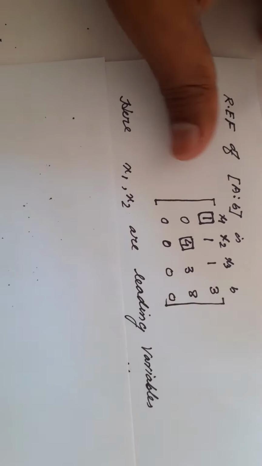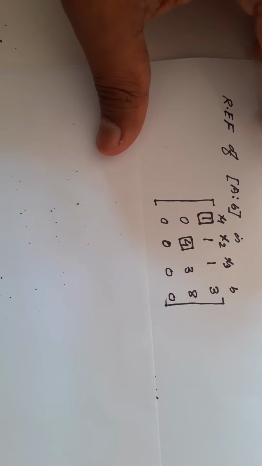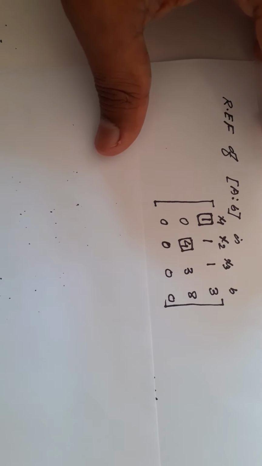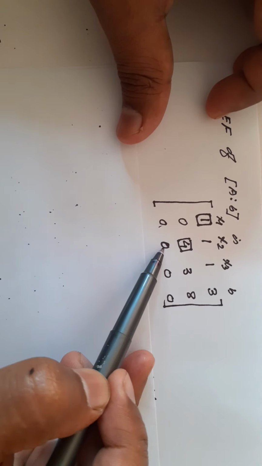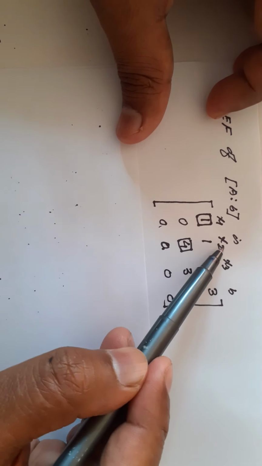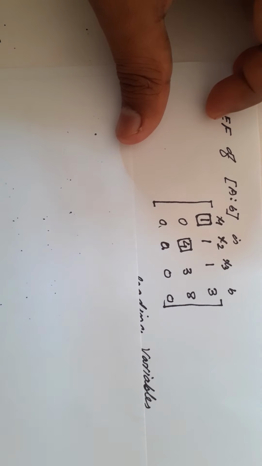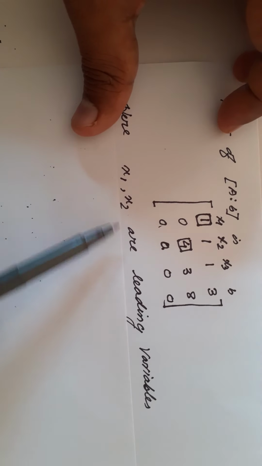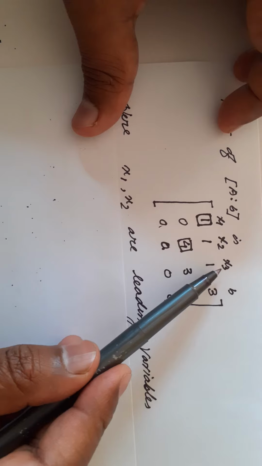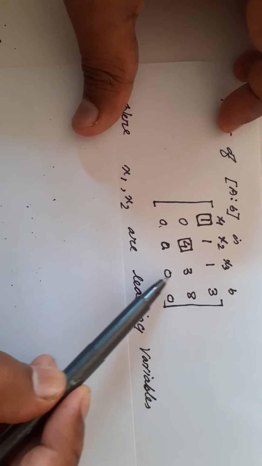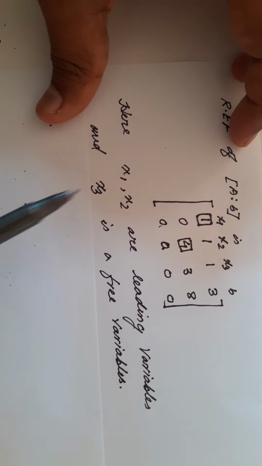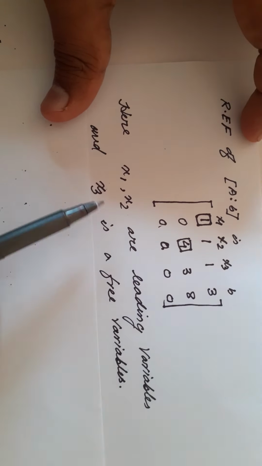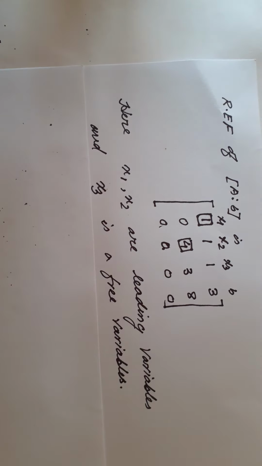Now recall the definitions of leading and free variables. Here we got a pivot in the first column and second column, and they are due to the variables x1 and x2. So x1, x2 are my leading variables, and the x3 column has no pivot, so x3 is my free variable.